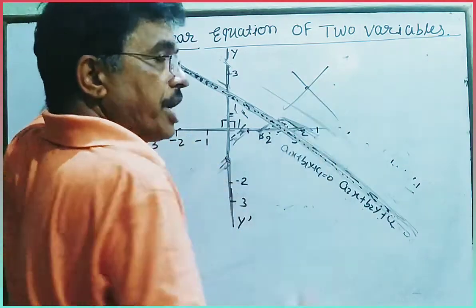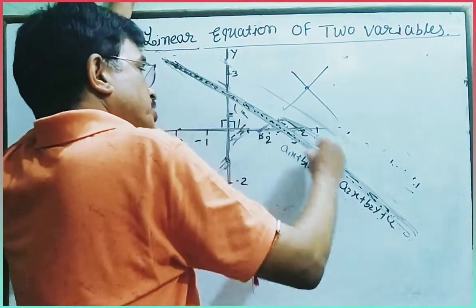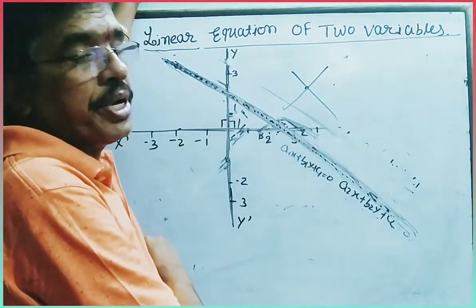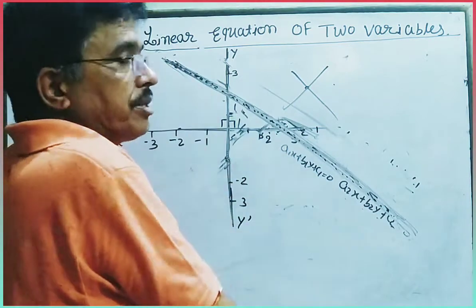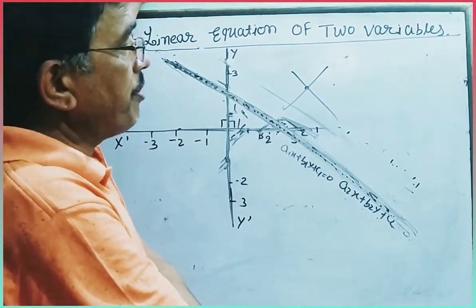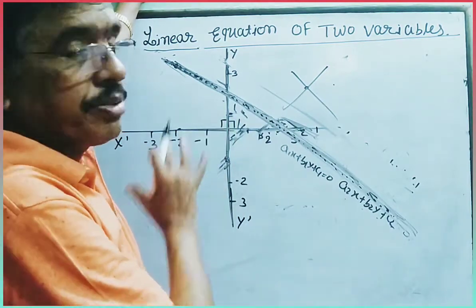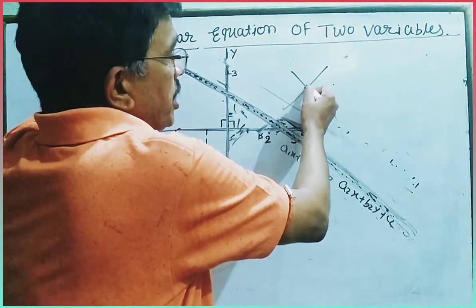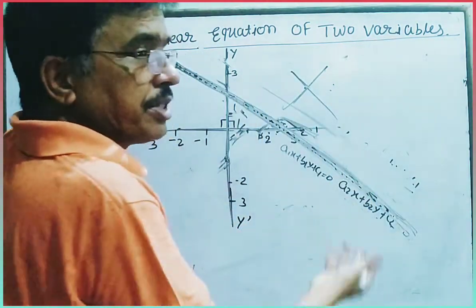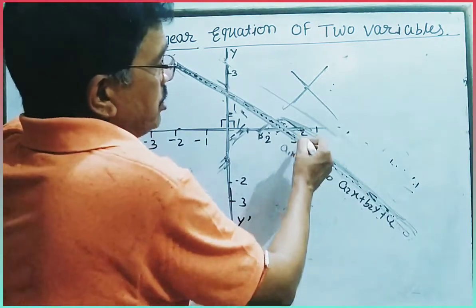It is also consistent because it has one solution. And when the graphs overlap each other, then it is also called a consistent system of equations because it has many solutions. The definition of consistent is a system of linear equations in which at least one solution satisfies the equation. Here one solution satisfies the equation, so it is consistent. Here is more than one, that means infinite. There are infinite numbers satisfying the equation, so it is also consistent.